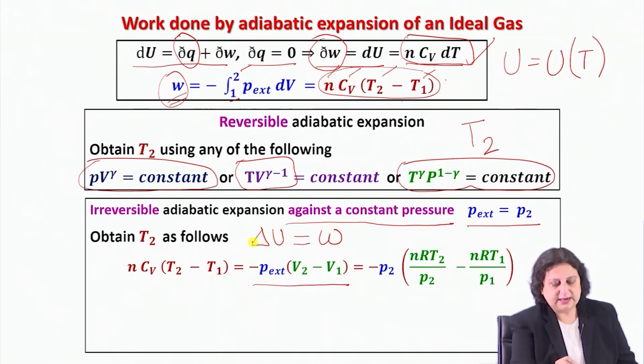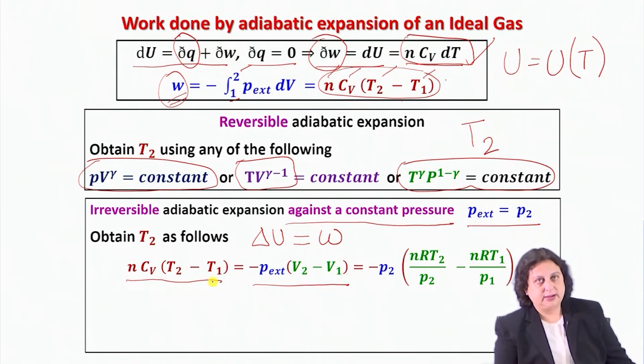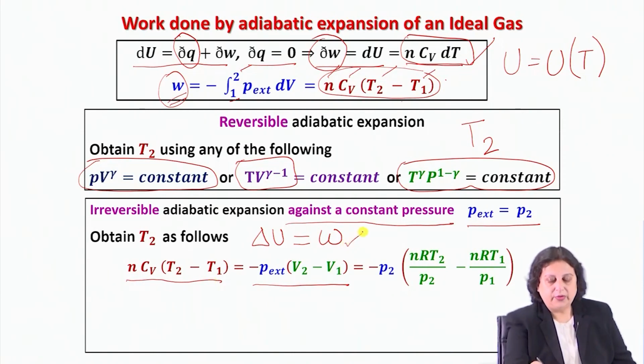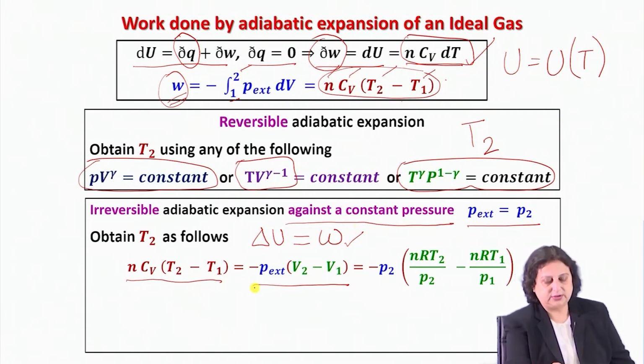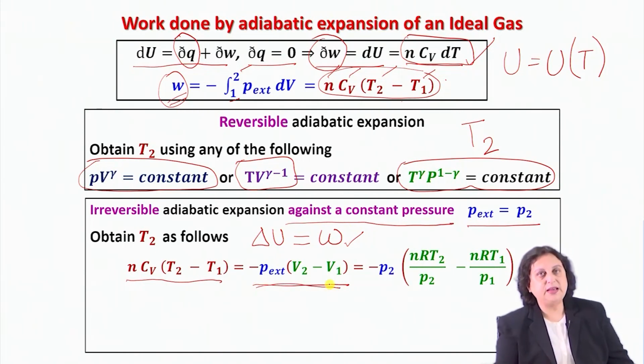Now I replace delta U by its expression like nCV (T2 minus T1), and I equate it to the amount of work done in this irreversible adiabatic expansion against this constant external pressure. So that expression must be minus P external into (V2 minus V1). Now I will play around a little bit.